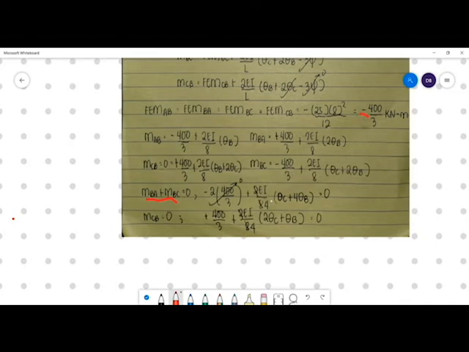Plus 2EI over 8 times theta C plus 4 theta B is equal to 0. And MCB is equal to 0: positive 400 over 3 plus 2EI over 8 times theta C plus 2 theta B is equal to 0.